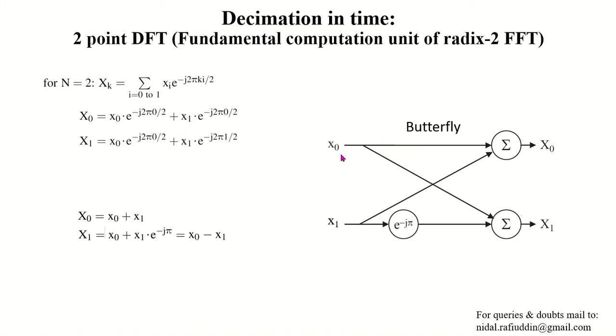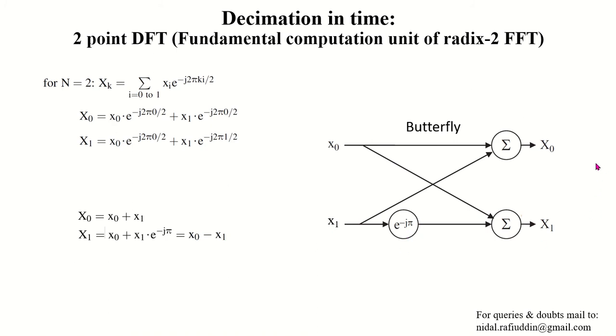This can simply be represented by the inputs x0 and x1 fed to a summation block, and the output of this summation is capital X0, which is the discrete Fourier transform. The second expression says that capital X1 is x0 plus x1 e raised to the power minus j pi, which can be written as x0 minus x1, but in this flow graph we can represent it as x0 plus x1 multiplied by e raised to the power minus j pi.